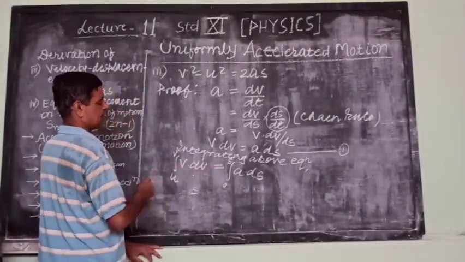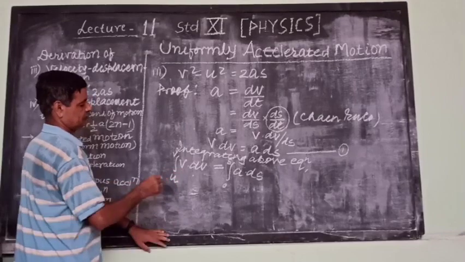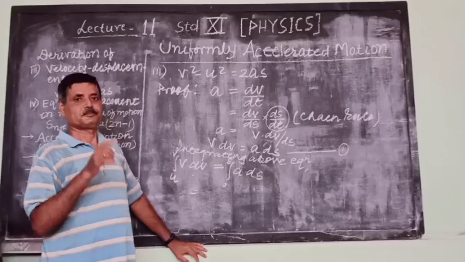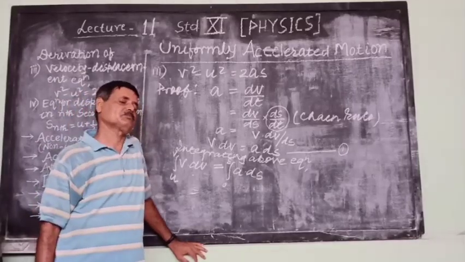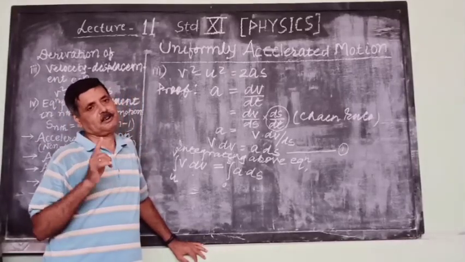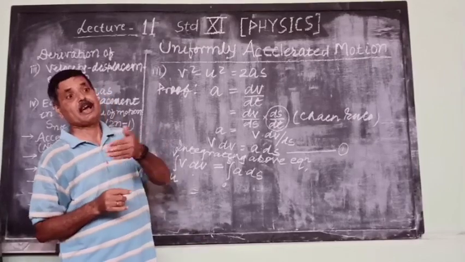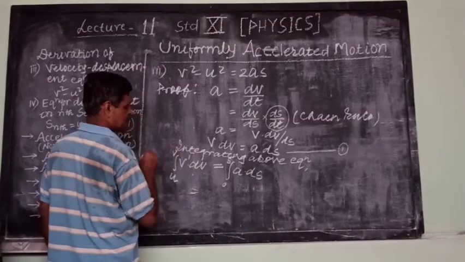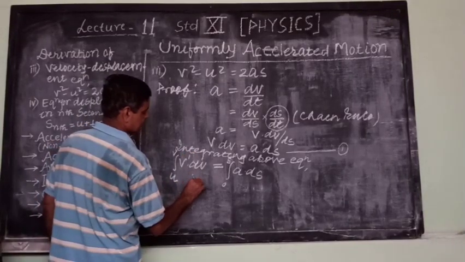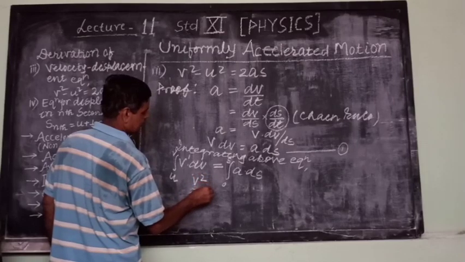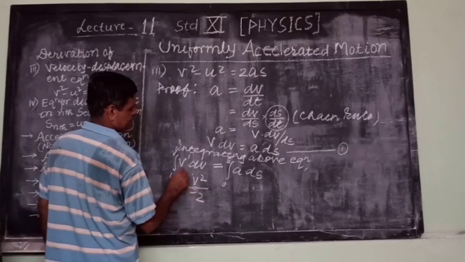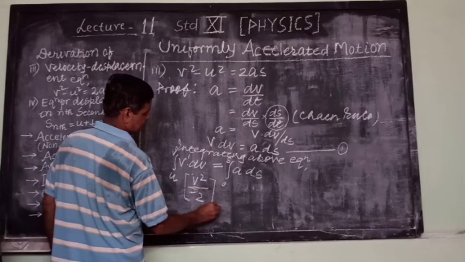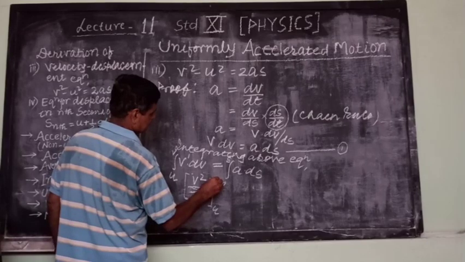Now v dv, integration of this, apply the formula integral of x to the power n into dx is x to the power n plus 1 by n plus 1. So it can be written as, this power is not given, it is 1, so we can write it v square by 2, and the lower limit is u and upper limit is v.